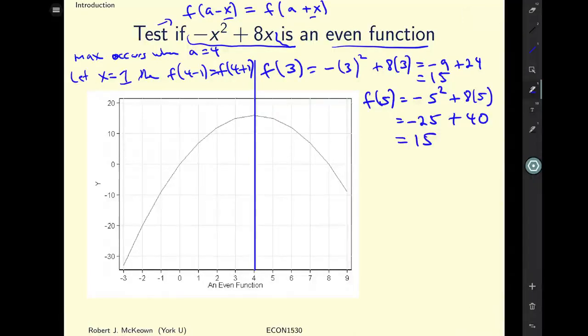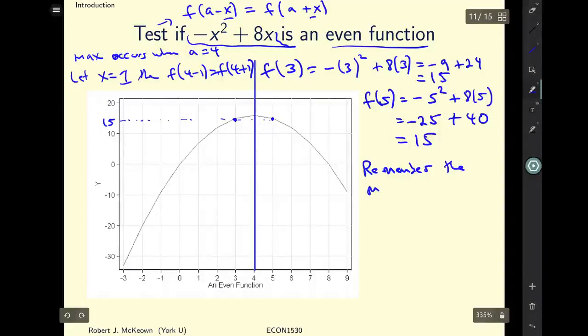And so if we are here, or if we are here on the diagram, and I dot my way over to the y-axis, we're going to be at 15. And remember, the max occurs at f of 4, which was equal to 16.